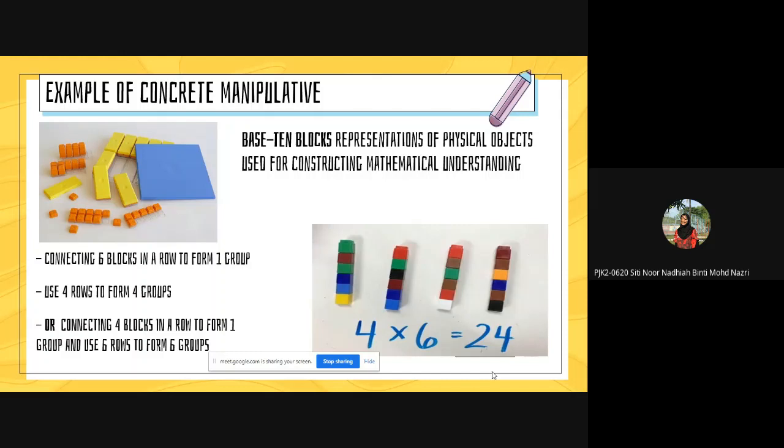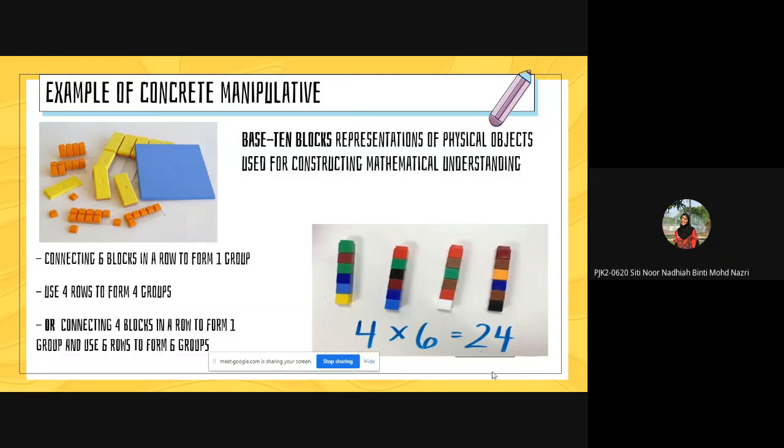First, blocks: representations of physical objects used for constructing mathematical understanding. For example, 4 by 6 equals 24. We connect 6 blocks in a row to form one group, and we have 4 rows to make 4 groups.